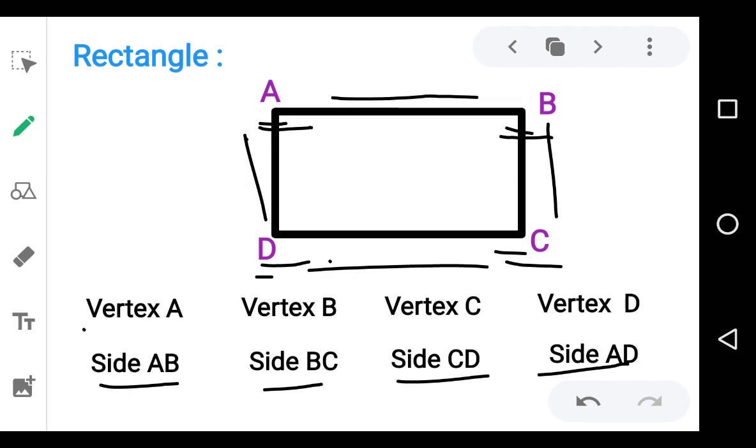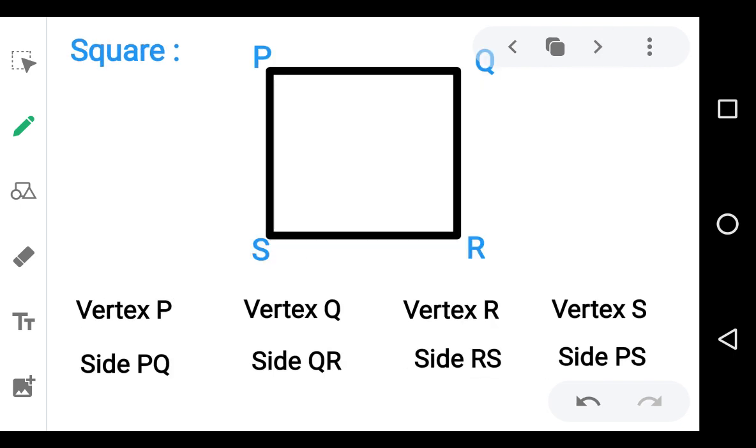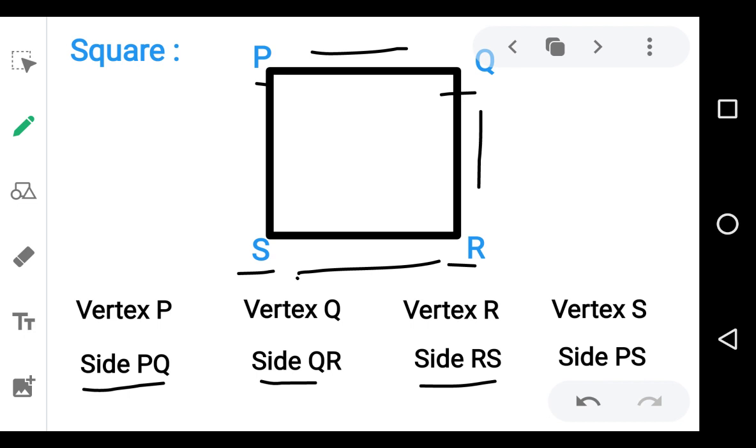We can name the vertices and sides of a square too. The vertices are vertex P, vertex Q, vertex R, vertex S. And the sides are side PQ, side QR, side RS and side PS.